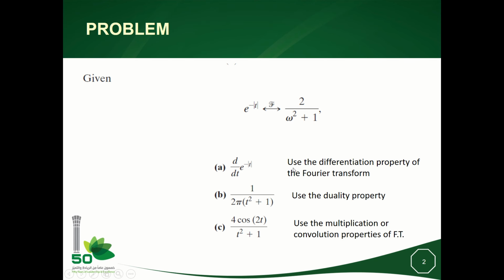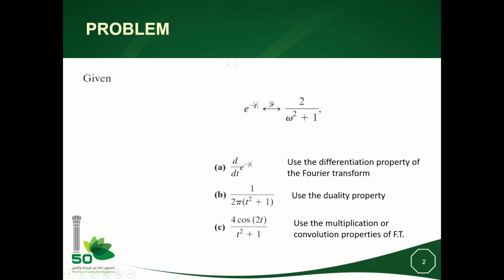So here I am suggesting to use the differentiation property. It means if f of t has capital F of omega as a Fourier transform, so the differential of the function with respect to time will have j omega F of omega.